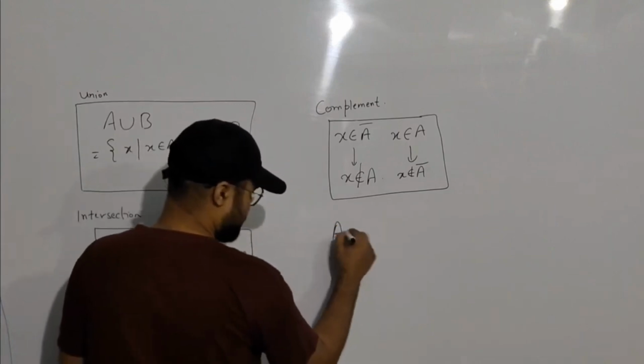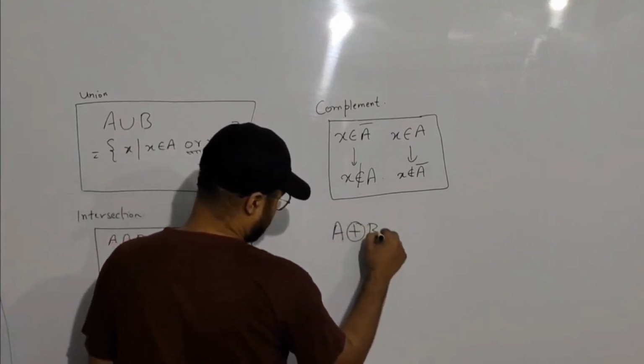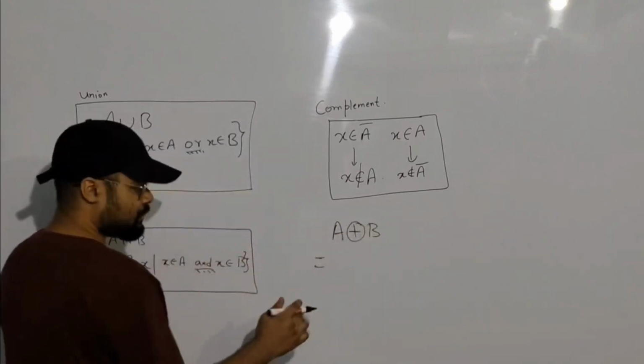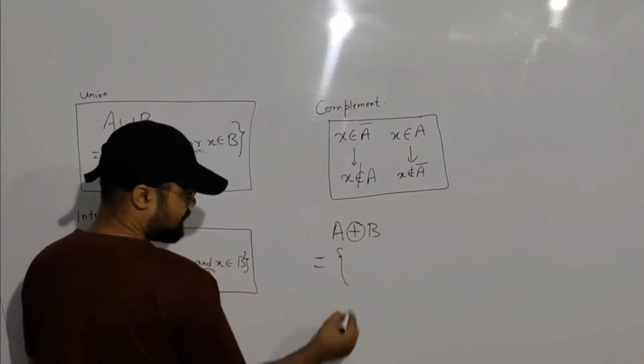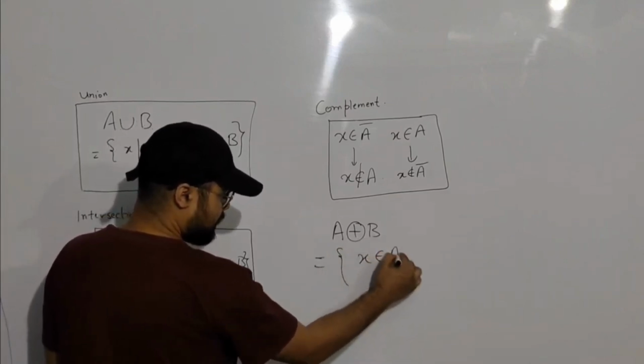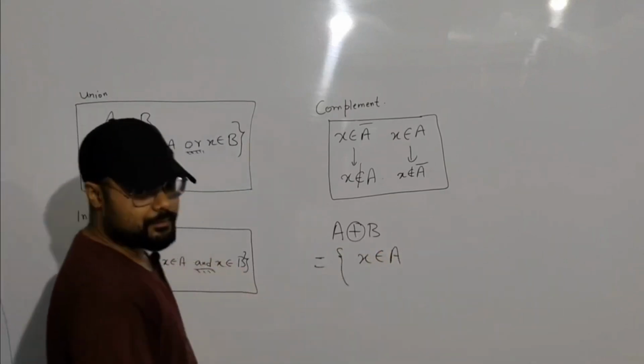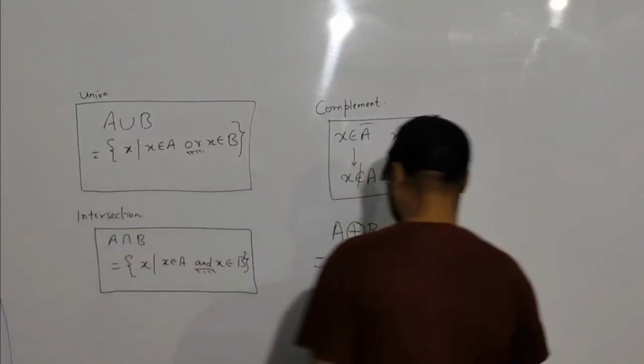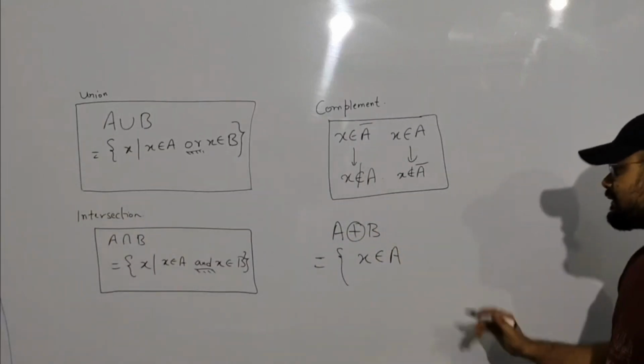So A symmetric difference B. What is the basic definition of it? X belongs to A means I want the exclusive part of A and B, not the intersection part. Everything except the intersection part.